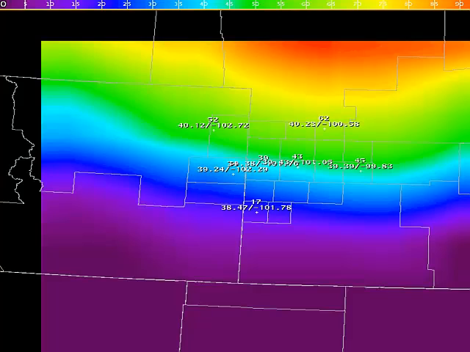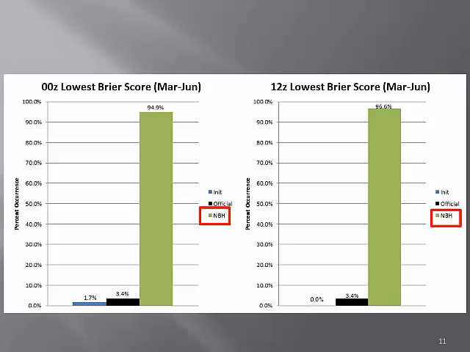And here is the NAM12 neighborhood PoP forecast that shows a more true probability compared to the sharper contrast of the previous image where the NAM SmartInit forecast was used for PoP forecasts. This approach leads to more useful and accurate forecast guidance to be used by the forecaster in the National Weather Service, both for the long and short-term forecast periods.